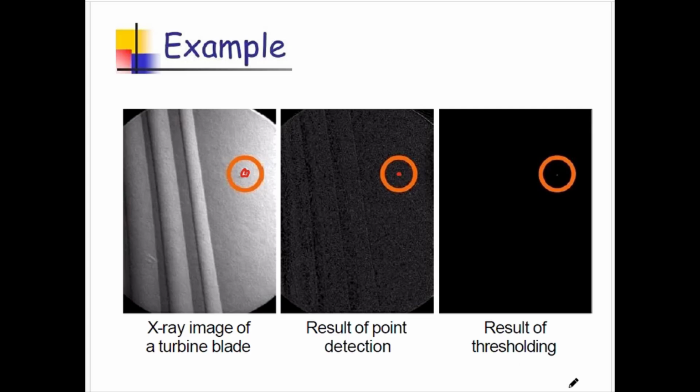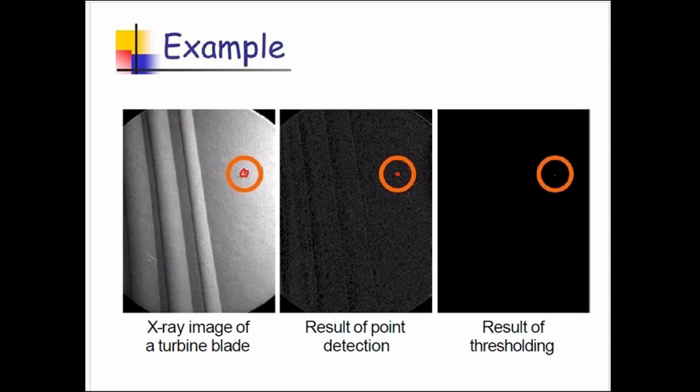And result of thresholding. Yes, if you apply the thresholding concept, you know already the thresholding. In the thresholding concept, you have to keep one intensity level as threshold. If the pixels of the image have less than this intensity, then you make all those pixels black, and above this intensity white.